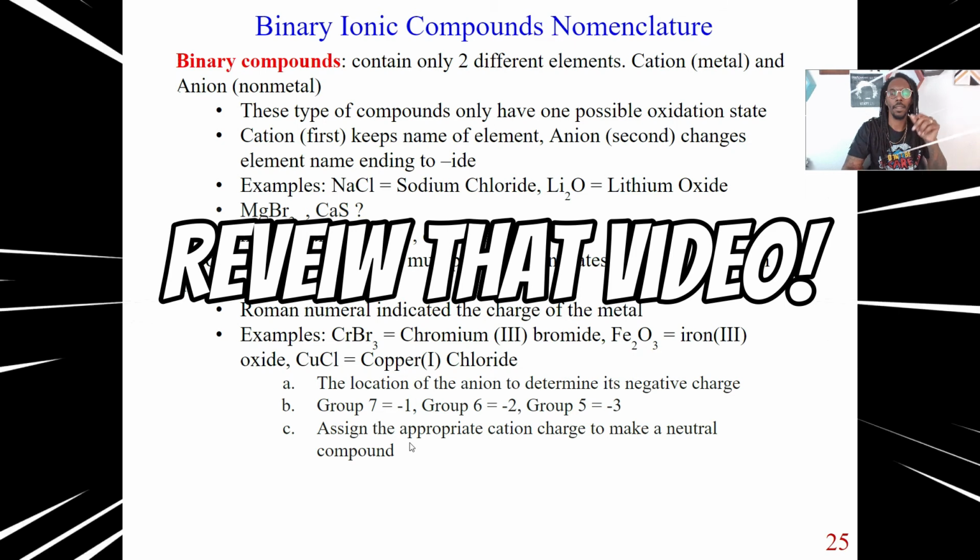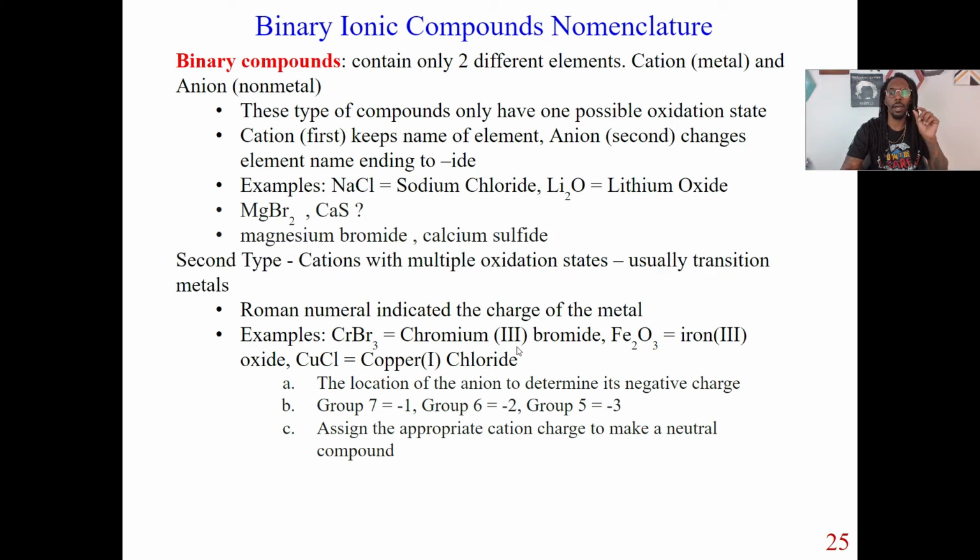We have a charge for our chromium of 3. So this is chromium(III) bromide. It's telling me that my cation is first, anion second, and this 3 is the charge on the chromium.